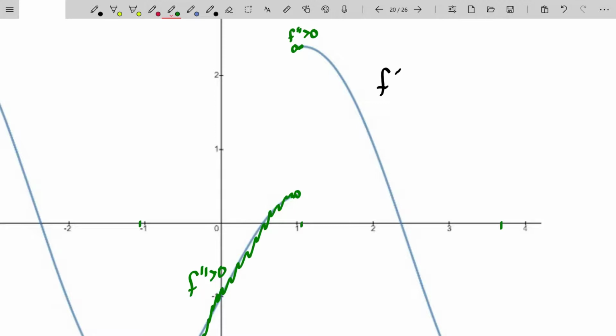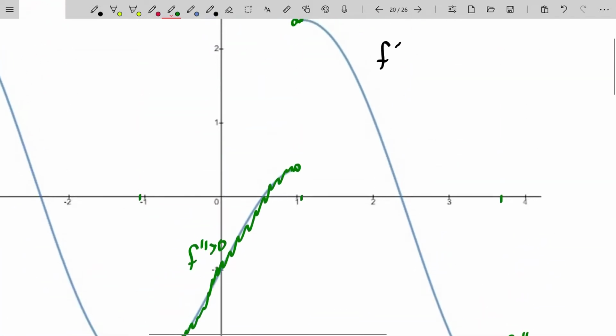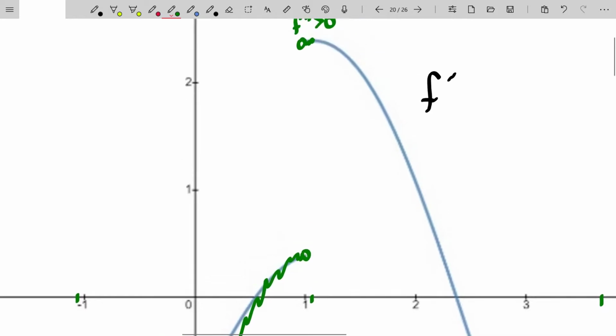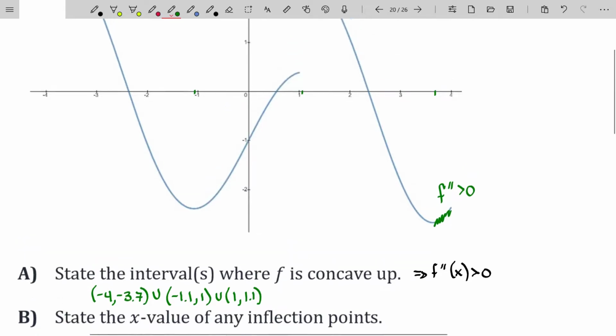So because our first derivative has a jump discontinuity at 1, our second derivative will be discontinuous at 1 as well. And because of that, I have to skip over the discontinuity and pick up on the other side of the discontinuity and keep going until about 1.1, to be honest with you. So I'm going to go ahead and say to 1.1. I'm eyeballing that. Let me go ahead and erase all that now.